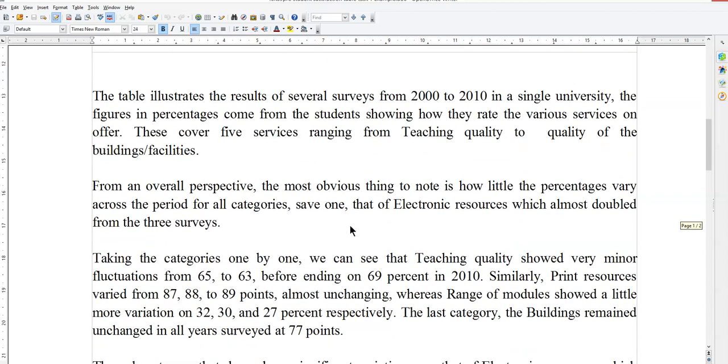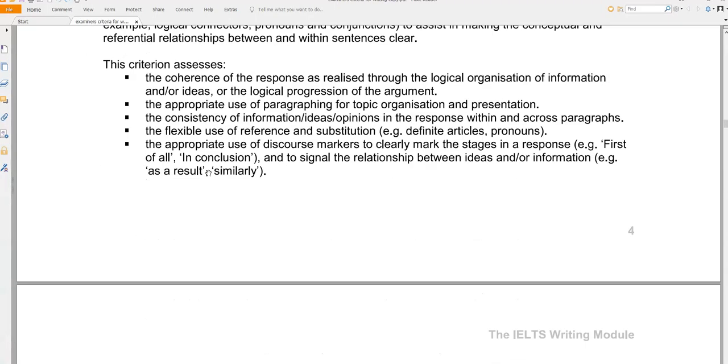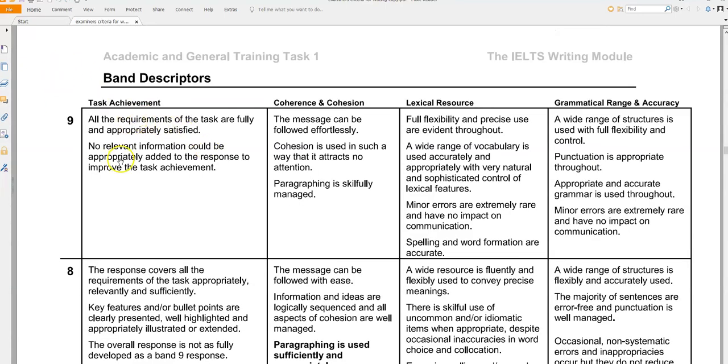So, right, your introduction, try and get as much in as possible, right? For a band 9 score, for task score, it says there's nothing that you can eliminate. Let me see if I can find it for you. I'll just show you it quickly. Where did I put it? Here we go.